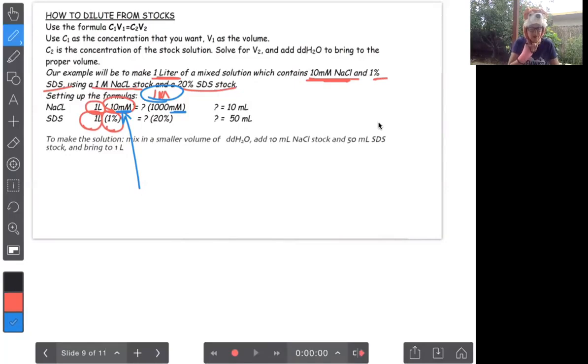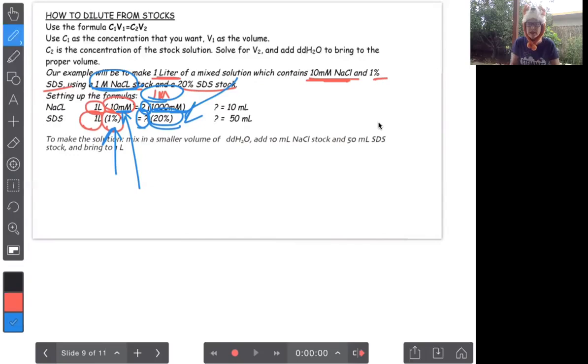And then our question mark is what volume of this 1,000 millimolar or the 1 molar stock solution? And then how much of this 20% stock solution do you need to give you that 1%? And so they solved for question mark, and that's what they got.